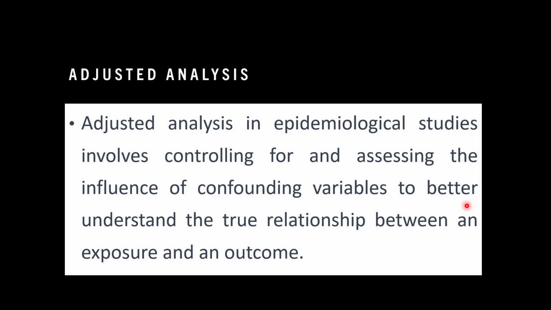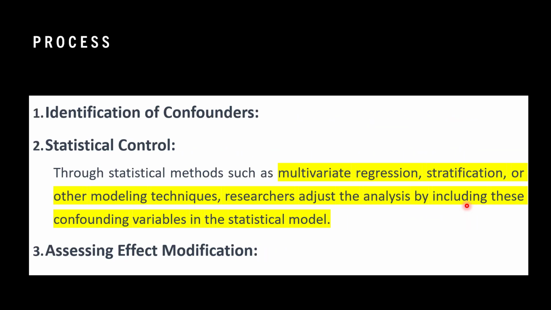So in the univariate analysis, I can find a relationship between smoking and lung cancer, but when I put this factor beside the other factors, it may lose its significance or its power of inducing the outcome. And this is the meaning of adjusted analysis. This is why papers with adjusted analysis are more reliable in results than papers with non-adjusted analysis. And also you will find this terminology in the STROBE checklist.